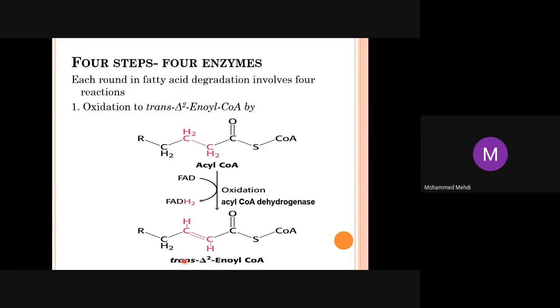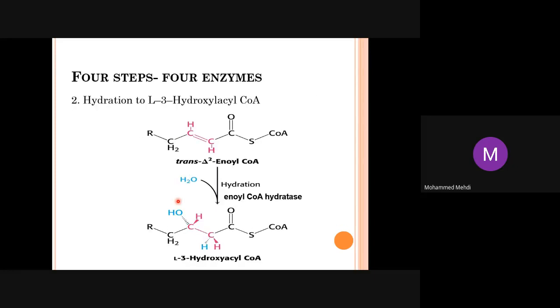But in the natural fatty acid structure, we found double bond in the same direction, or in the cis configuration. So the first step is oxidation of fatty acid to trans-enoyl-CoA by acyl-CoA dehydrogenase enzyme. During this reaction, one reduced coenzyme called FADH2 will be formed.